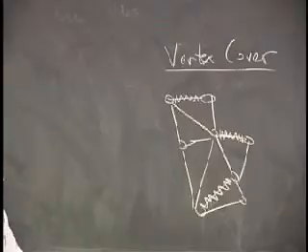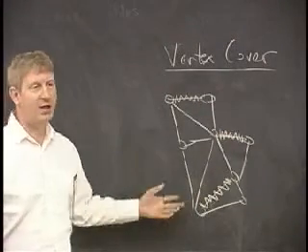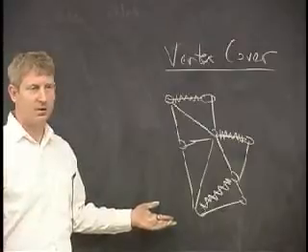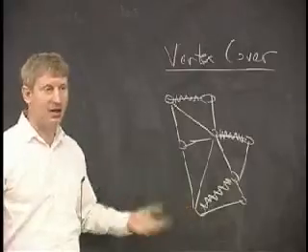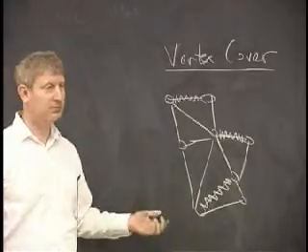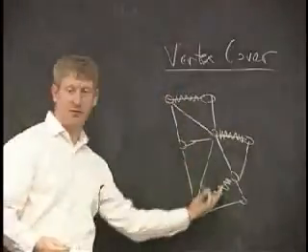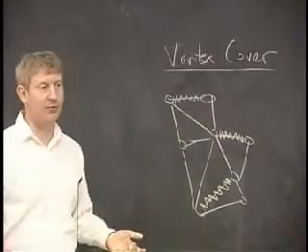Because you need at least one for each of the segments. Good. You see these hatched edges? They all have to get covered in the vertex cover, right? That means there's got to be at least one end of each one that's got to get covered. Right? I can't possibly cover all the edges and have all of these missing. So I got to have at least 3 in my vertex cover.